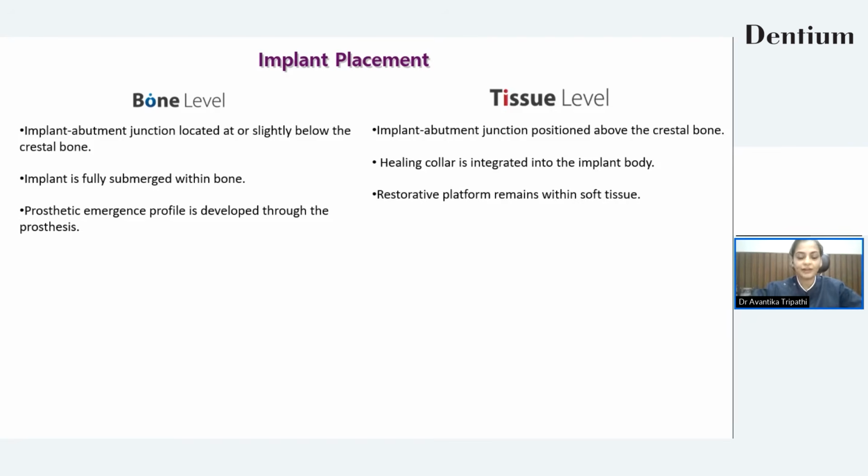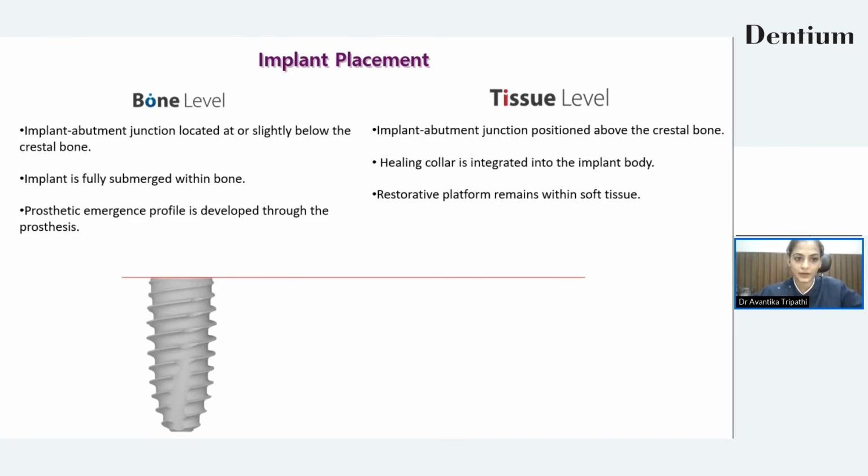Before that, we need to understand the basic concept of bone level and tissue level. In the bone level implant, the implant abutment junction is located slightly below the crestal bone or at the crestal bone. That depends on us, whether we want to place it subcrestal or equicrestal. In tissue level implants, there is always a healing abutment sort of structure attached with the fixture.